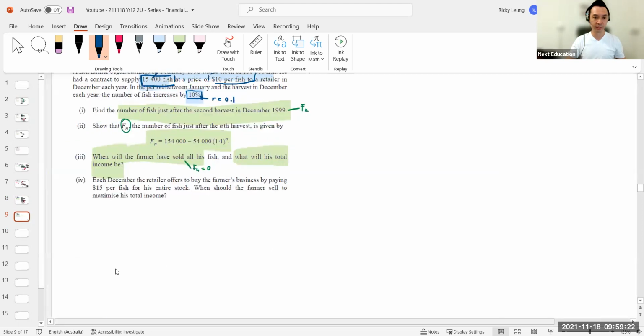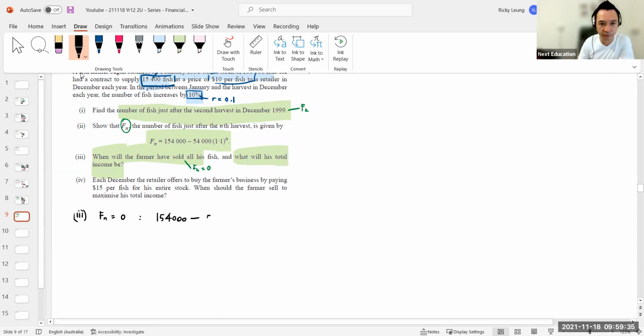So for part 3, maybe I'll shift over here, give myself a bit more space. So when Fn equals 0, I've got this guy minus 54,000 times 1.1 to the power of n equals 0. So once again, I'm trying to solve for this guy. Pretty easy log equation there.